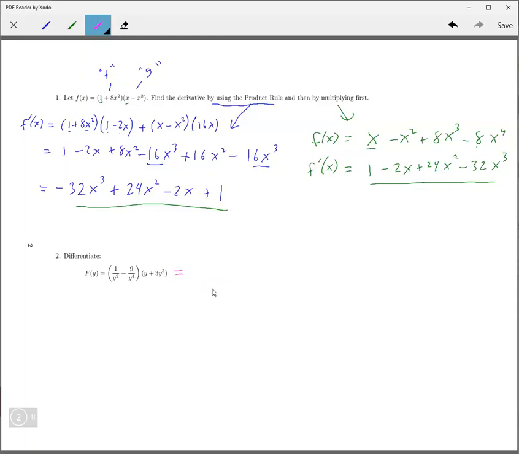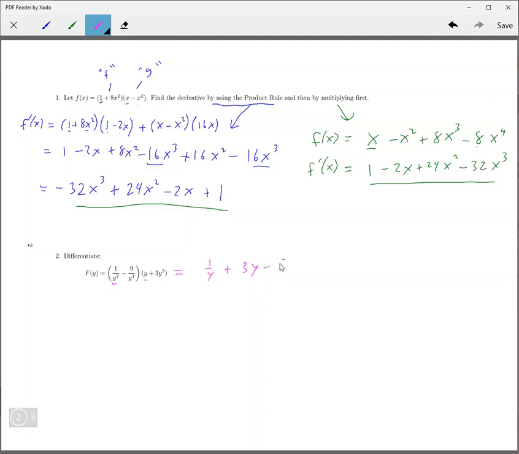Okay, so here, let me show you how to do that. I'm going to multiply these together first. I think that's going to be the easiest way to do this problem. The first ones, multiply those together, and I get a 1 over y. Then the outside one, this times this, is going to be 3y, because I have y cubed over y squared, so that's just going to be y.